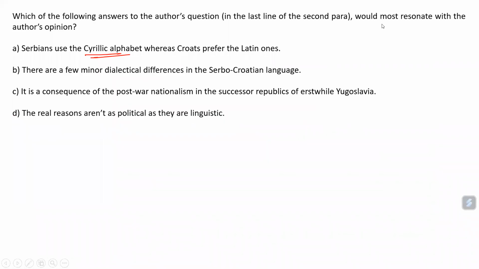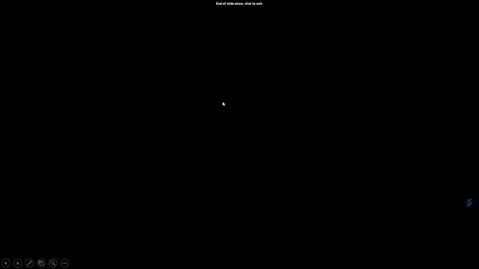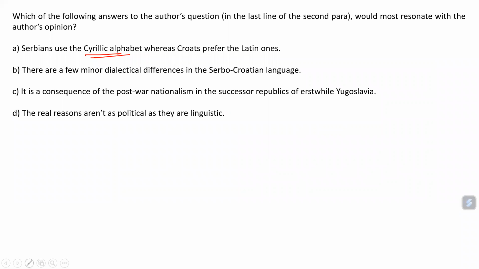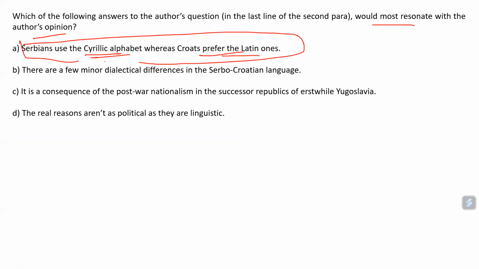If I am talking about the keyword most resonate, Serbians use the Cyrillic alphabet. That's for sure. And Serbians are using the Cyrillic alphabet, whereas Croats are preferring the Latin ones, right? This is given, but we have to resonate it with the author's opinion, whereas this is just one sentence. There are a few minor dialectal differences in the Serbo-Croatian language.